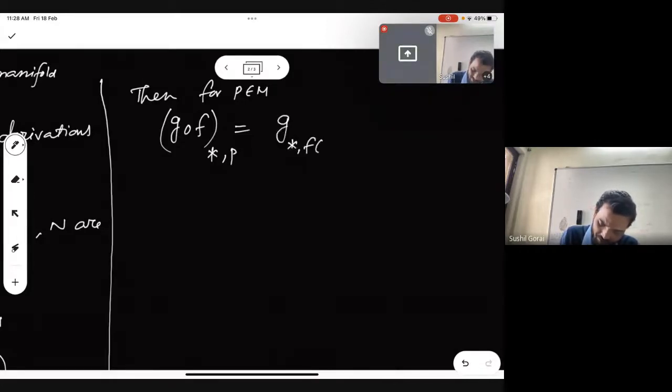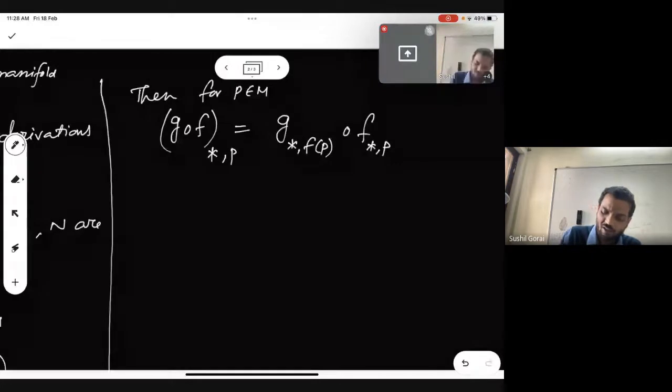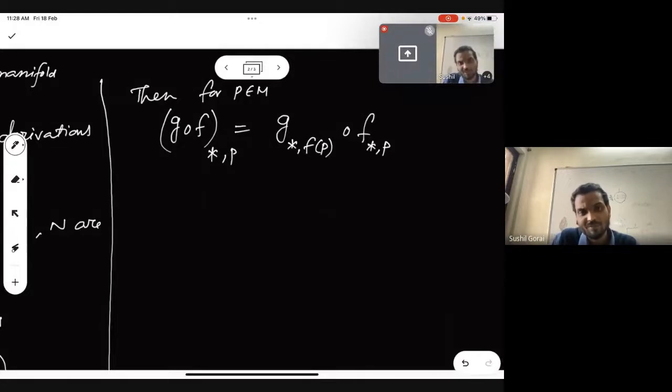G star at F(P) composed with F star at P. That is the chain rule. So in place of a star in multivariable calculus, you wrote the derivative dg at f(p) composed with df at p, right?